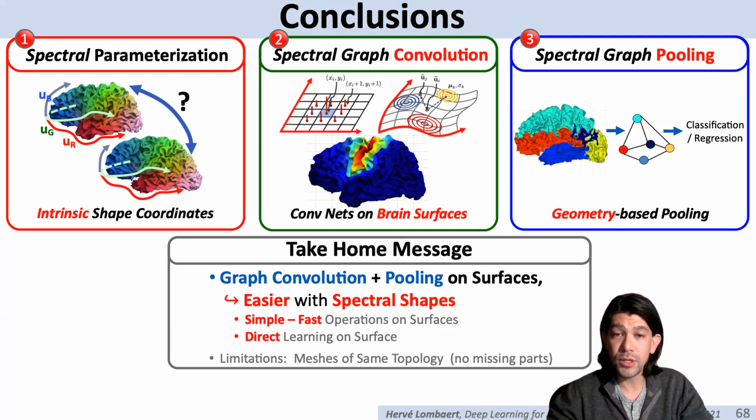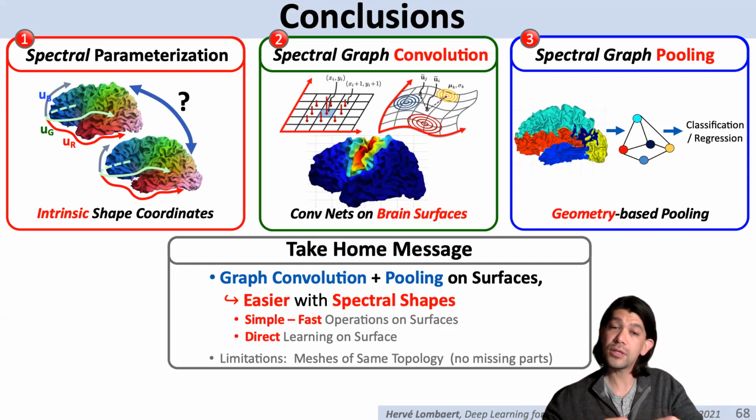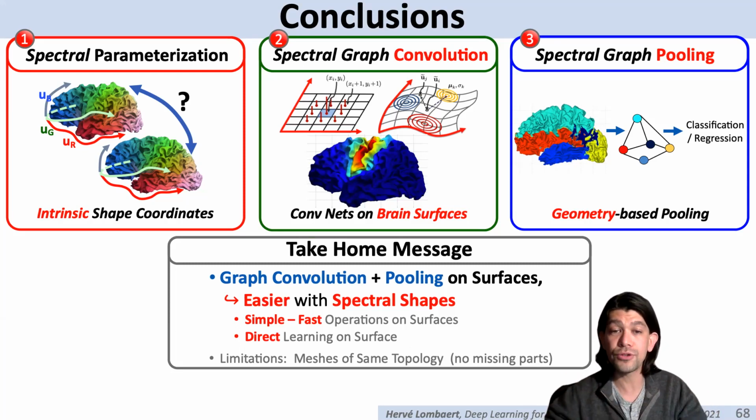So the take-home message, if you have to remember one or two things from this whole talk: if you want to do graph convolutions or pooling, maybe try to have a look at how they would look on the spectral shapes, in the spectral domain. They're much simpler to use and operate. What happens fundamentally here is that the learning of the convolution kernel parameters and the learning of the pooling now occur directly on the surface.